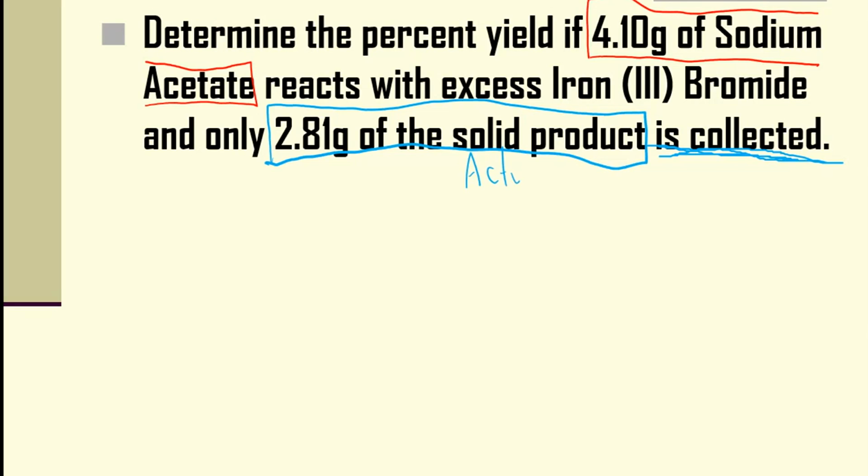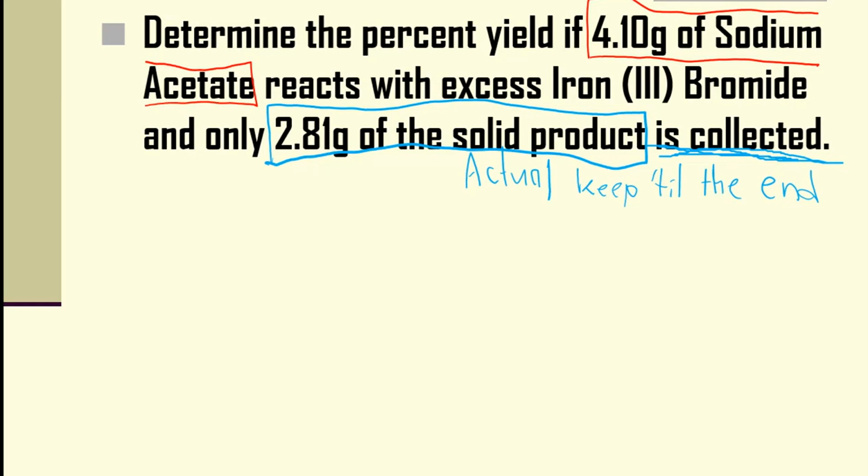And since this is the actual yield, this is not what we are going to start with. We're going to keep this until the end. So you just kind of want to take this out of the equation because you are going to do our last step with this.